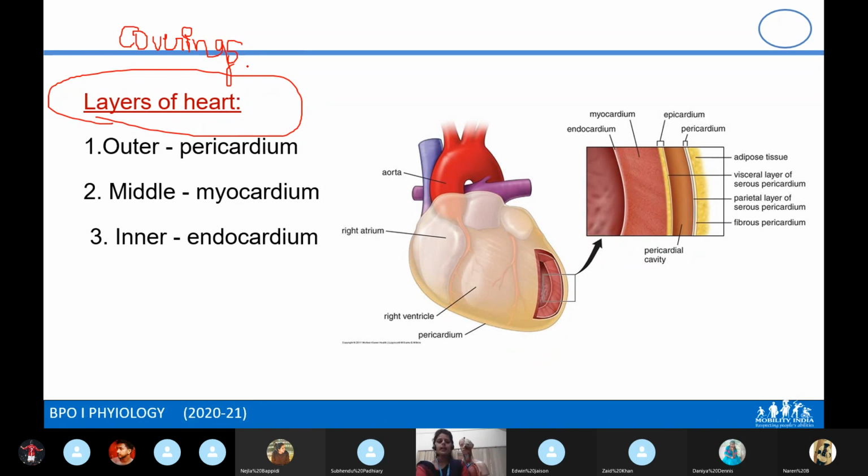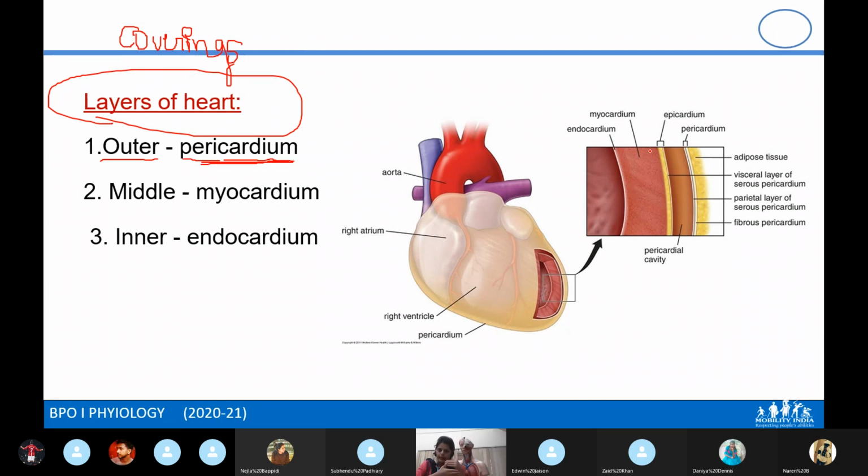The outer covering is called pericardium. Cardium means the covering of the heart. Peri means outer, outermost. So the outermost layer of the heart is called pericardium.